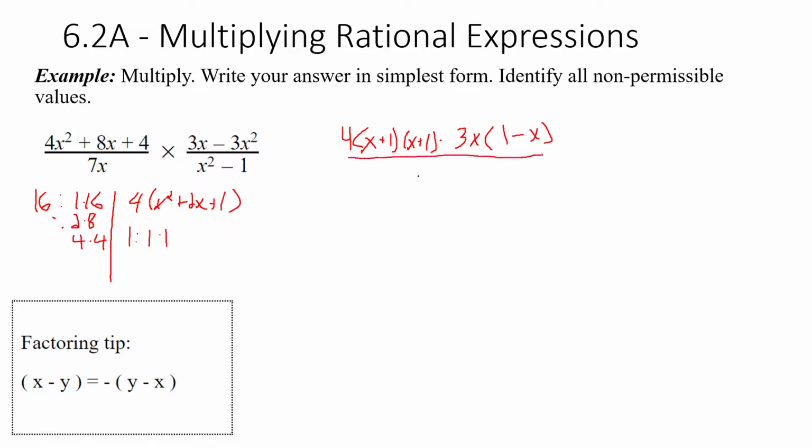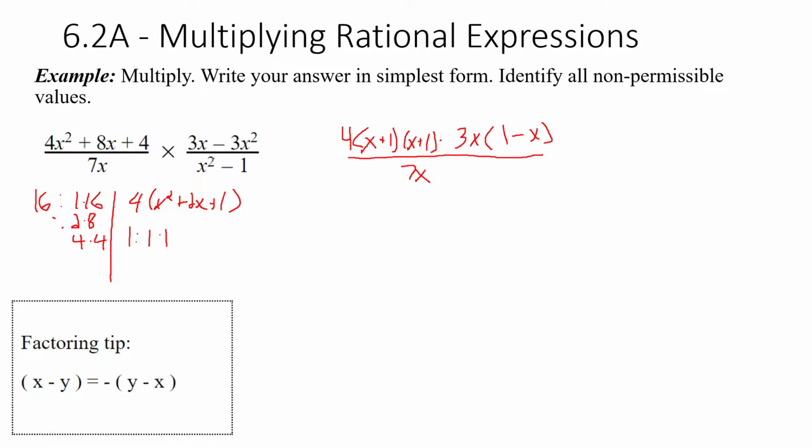And in the bottom there, we're going to have 7x, and then x squared minus 1. This is a tricky one to look at because you don't have that middle term, but you got to remember the difference of squares. Look out for it. It's going to be the thing that probably trips you up the most.